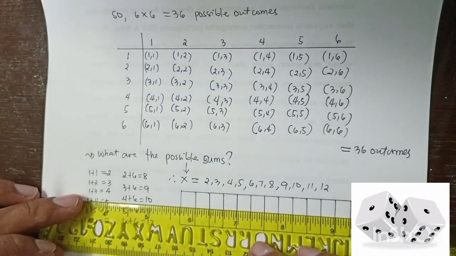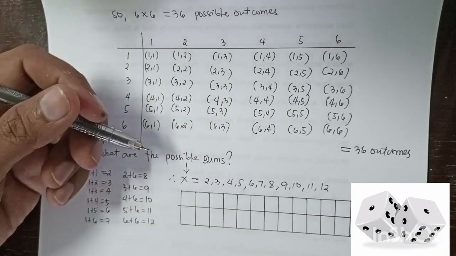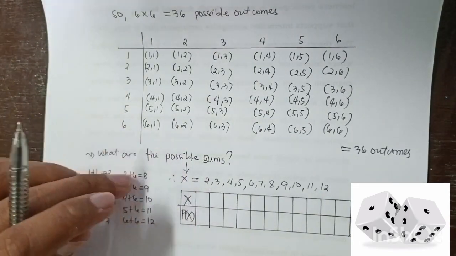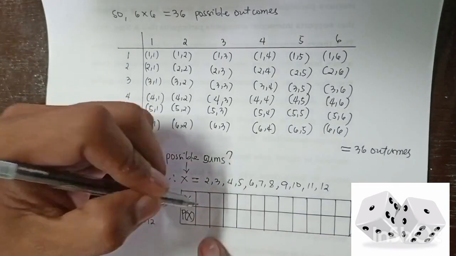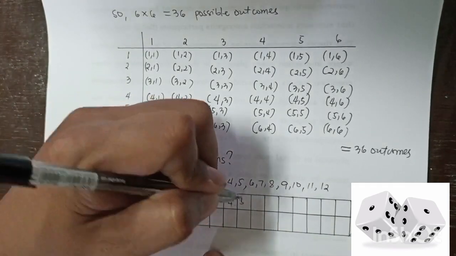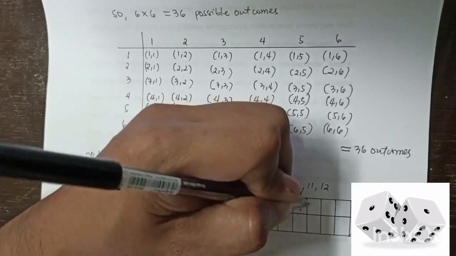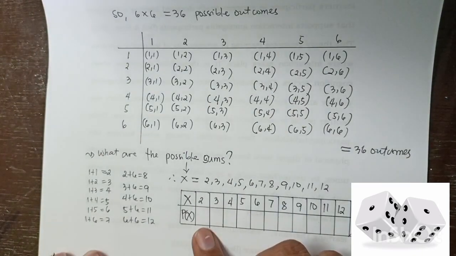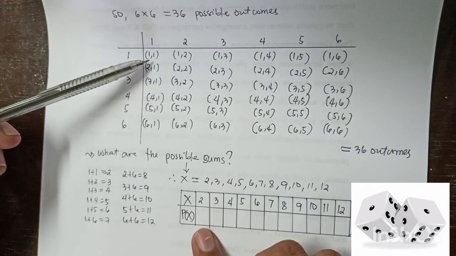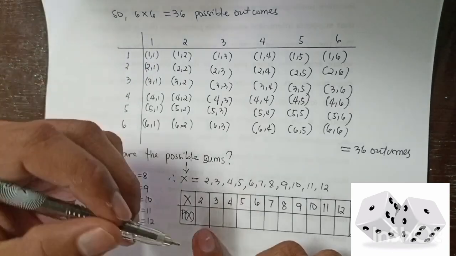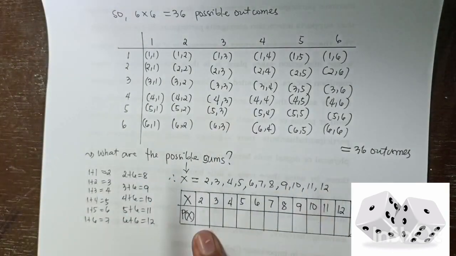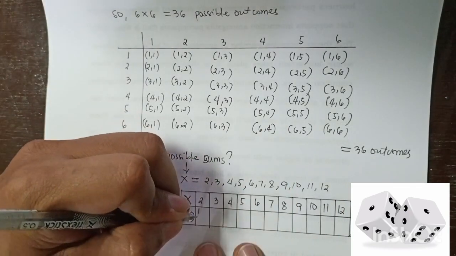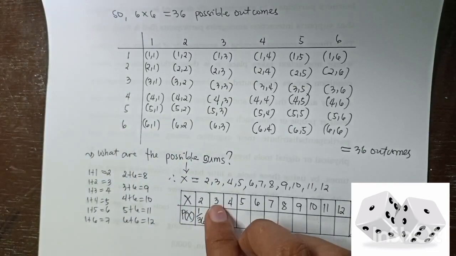So we write these sums: 2, 3, 4, 5, 6, 7, 8, 9, 10, 11, and 12. Now, what is the probability of getting a sum of 2? Take note that there's only one pair with a sum of 2 out of 36 outcomes. So the probability is 1 over 36.